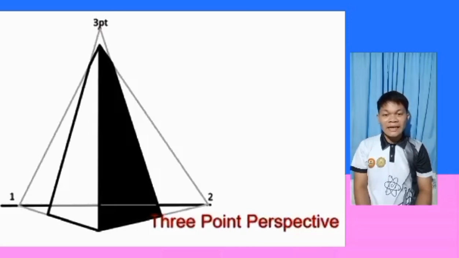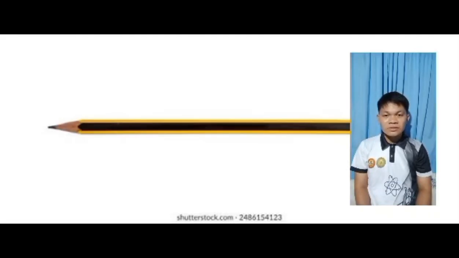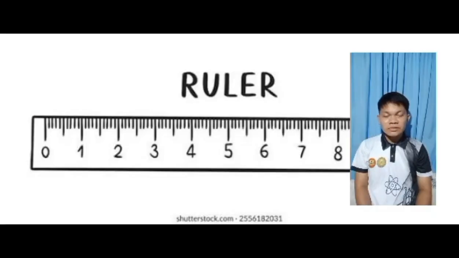Okay, next slide. In this section, I will show you the different tools that we use for pictorial drawing. First is the pencil. So it is the image of a pencil. Next is the ruler for making straight lines.